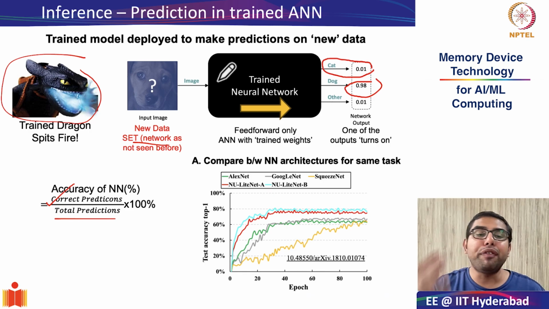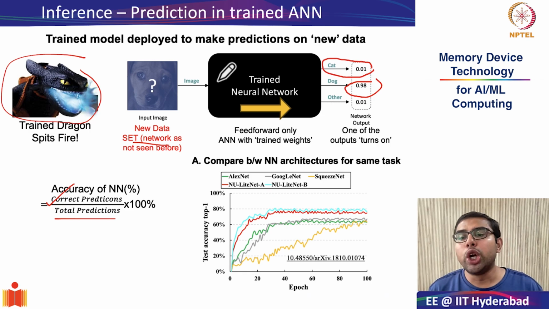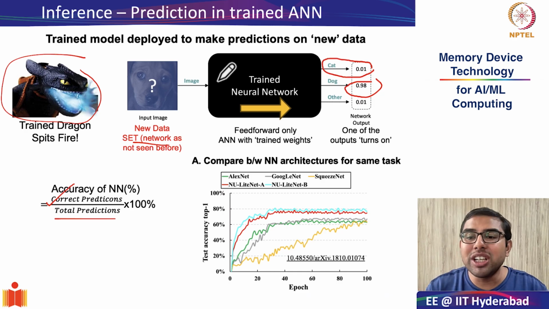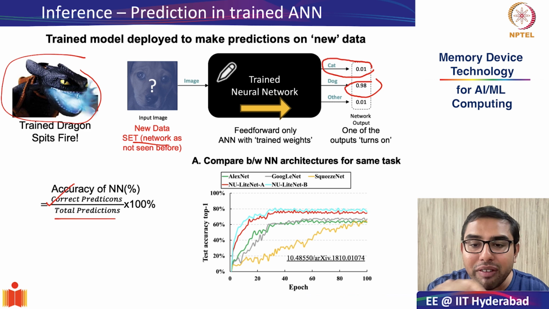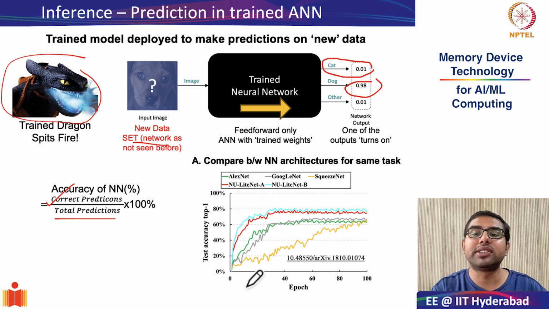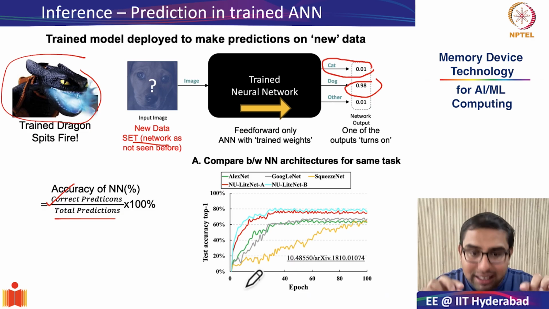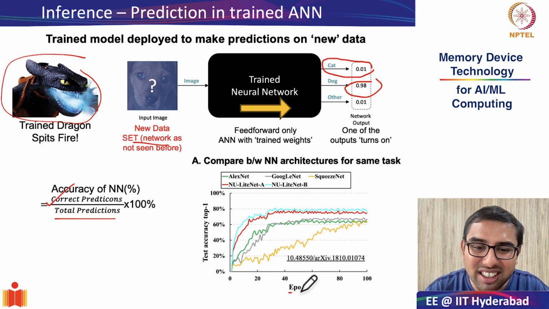And this definition of classification accuracy also helps us compare the performance of different neural networks for the same task. So I'm giving an example here. As you can see, on the x-axis we have something called epochs. This is the first time I'm introducing the term epochs.